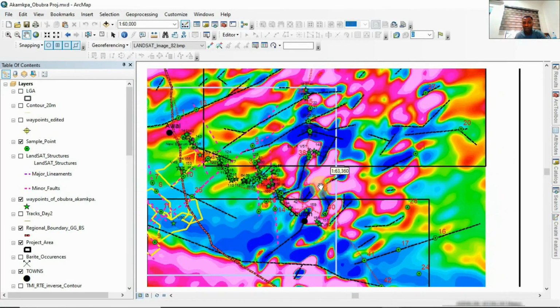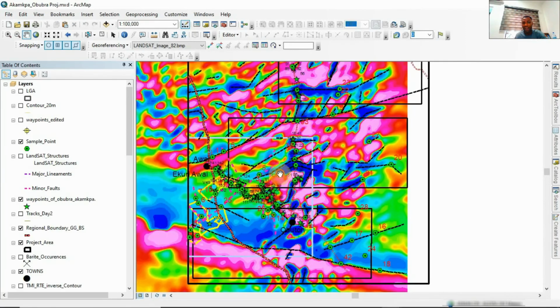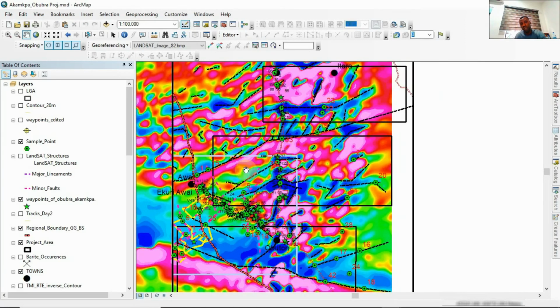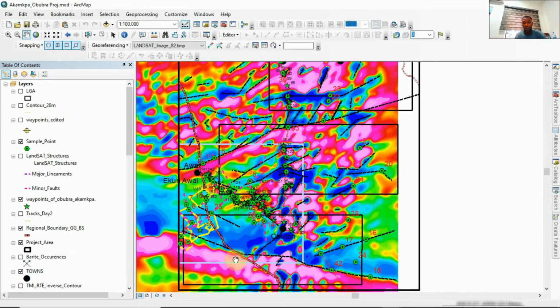So when looking at this, you'll be able to say there is a rock unit running in this direction. There is a rock unit here. There are observable rock units along this zone, which were identified in the field and picked. Most of the contact zones were picked, and some mineralization was found within the contact zones.